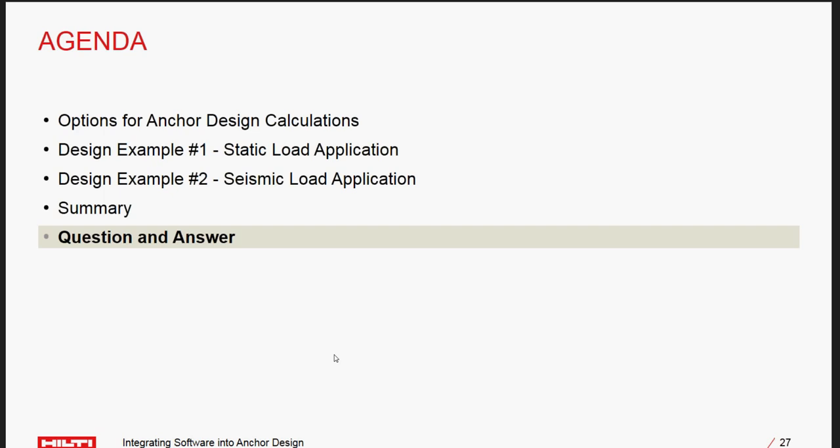The way the software accounts for this check is we go down to the table here, and we can input what the sustained loads are in tension. It's very important that we input those sustained loads whenever we have anchors that are constantly in tension per ACI. It's going to make that additional sustained loading check.